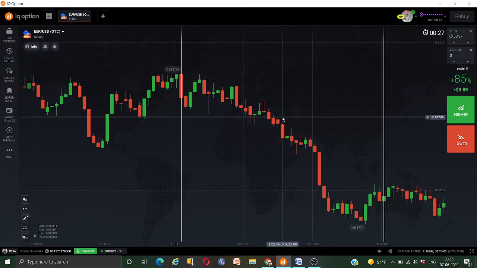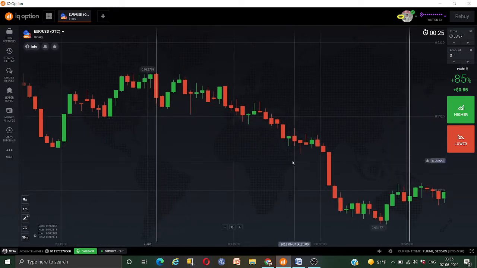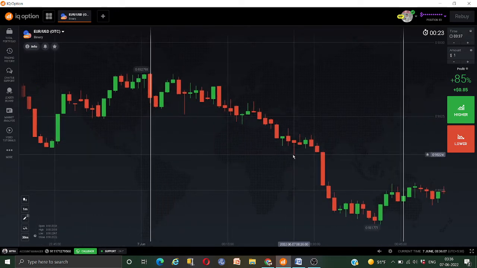So to increase your winning ratio, you should increase the probability. If the probability is 50-50 and you get 51% or 52%, an increase of 1-2%, you will end up as a successful trader, a profitable person.